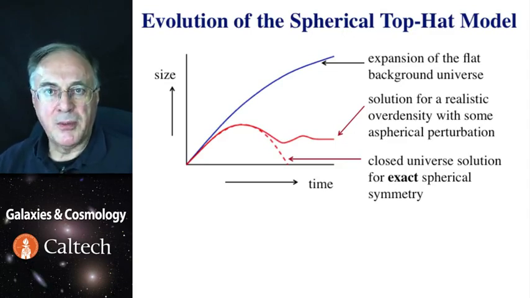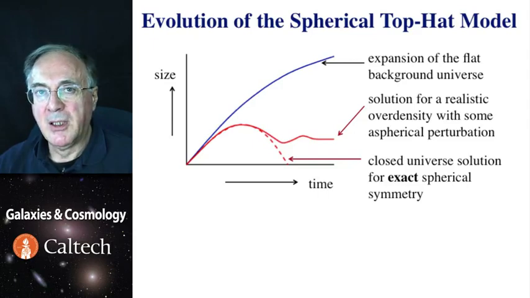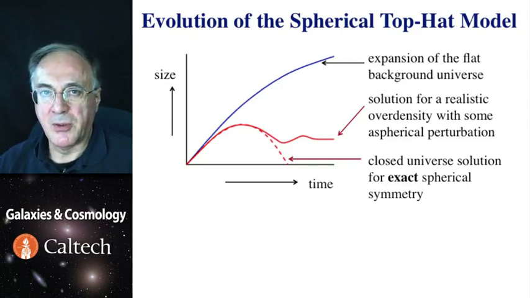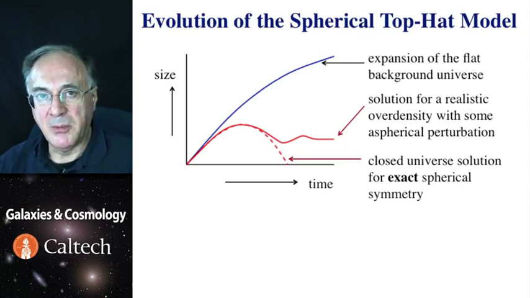So it splits from its background, and if it were a perfect model that can recollapse to a point, then it will be simply shown as the curve here. In reality, it does not collapse back in a point. It collapses to a certain finite radius in which the system is in a virial equilibrium.